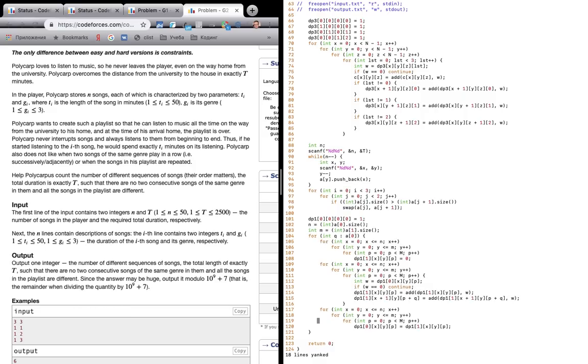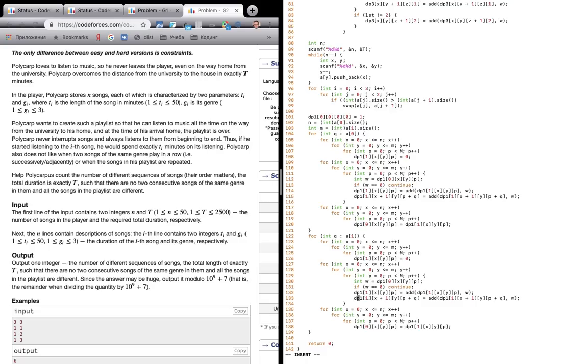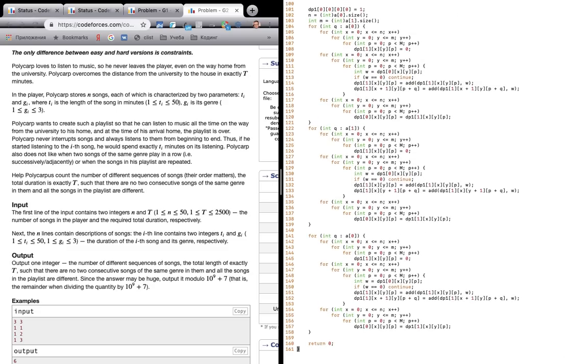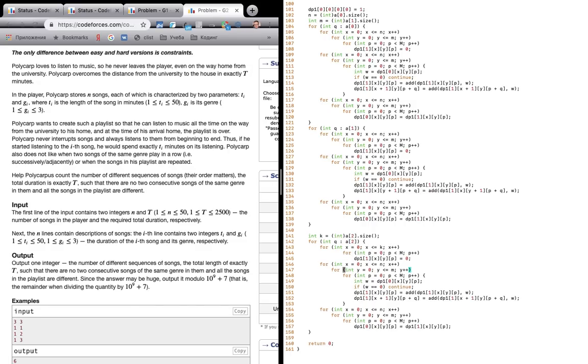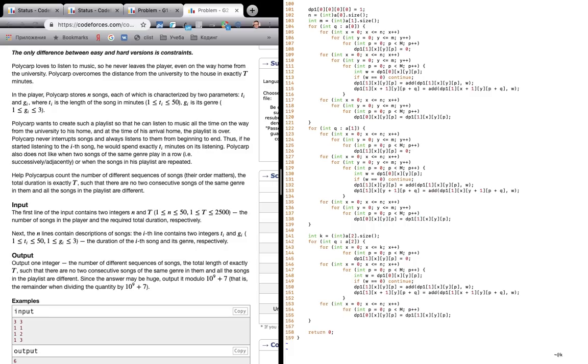Almost the same for DP1, just need to do plus 1 here. And something similar for DP2. Maybe it will actually be easier to rewrite from scratch, but I don't know.